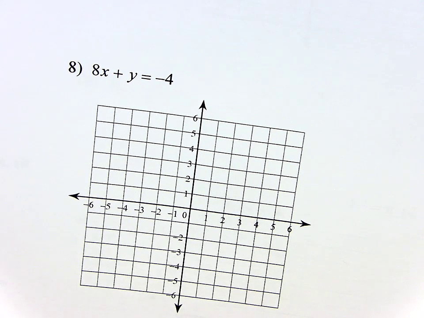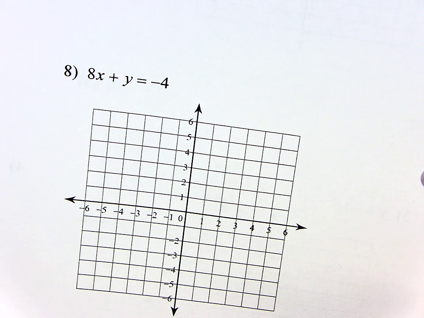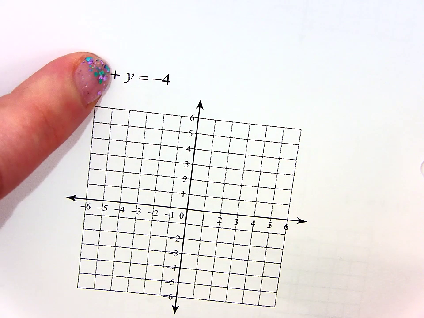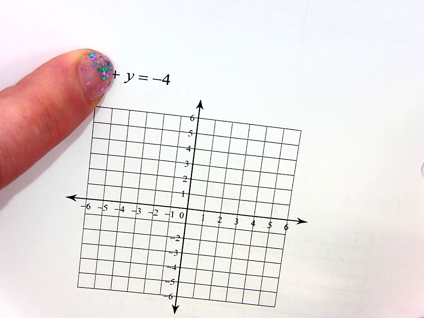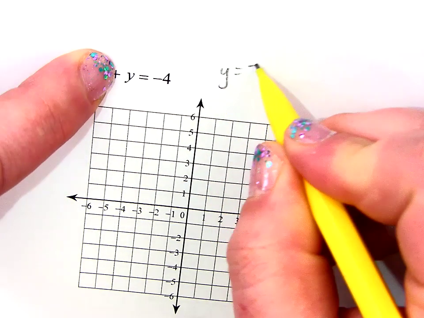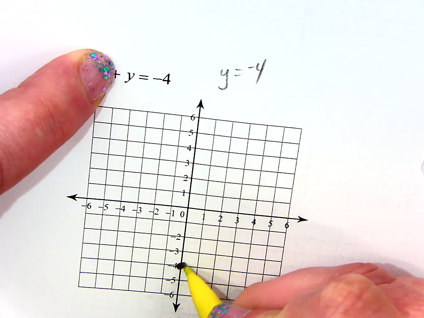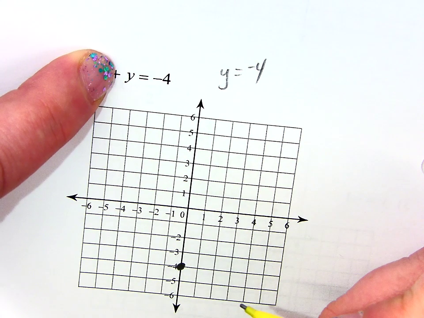Okay, so if I want to do 8, here it is. I'm going to plug in 0 for x, so I'm going to cover up that 8x. And now I just have y equals -4. That's my y-intercept. It just gave it to me. There's nothing else I have to compute. So y equals -4. I'm going to put a dot on the y-axis at -4. Did everybody do that? Okay, yes.